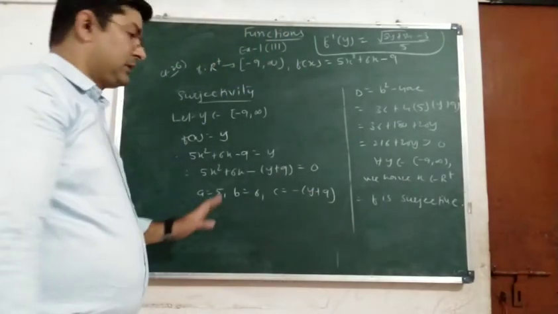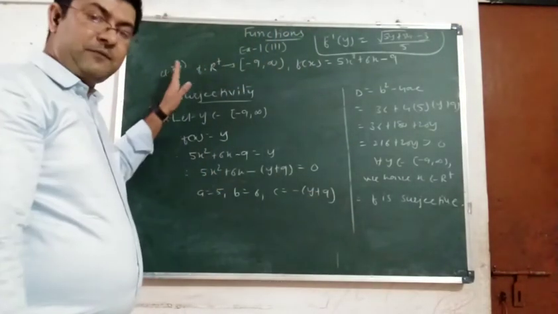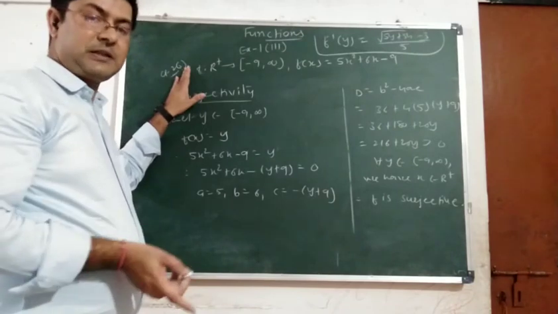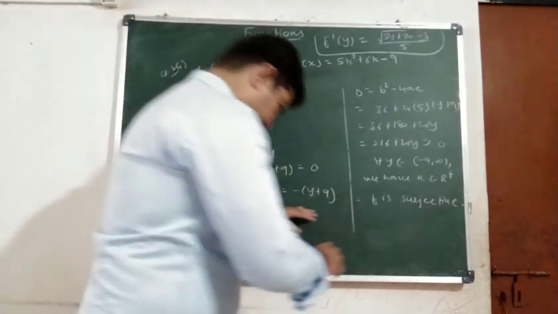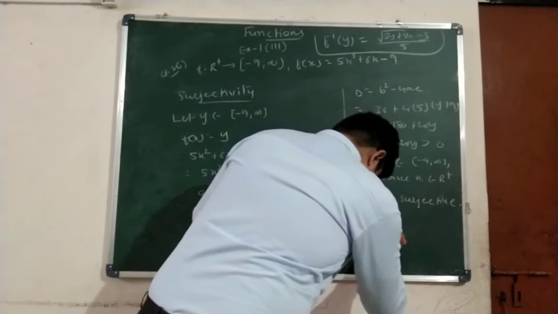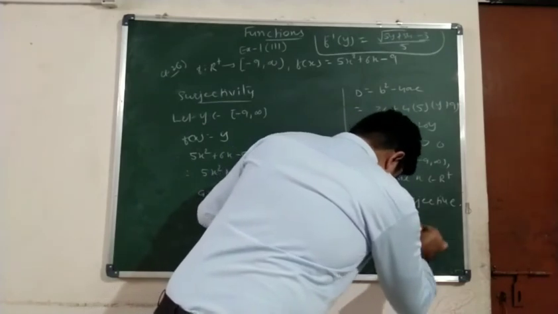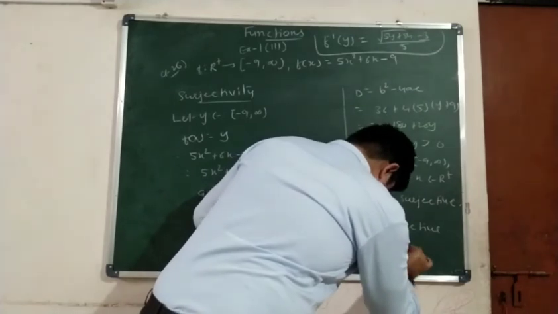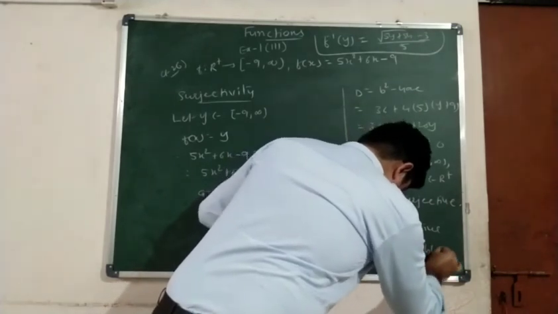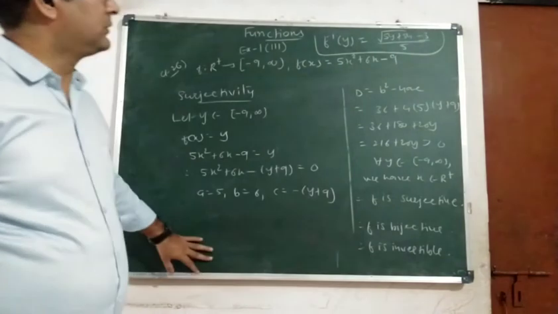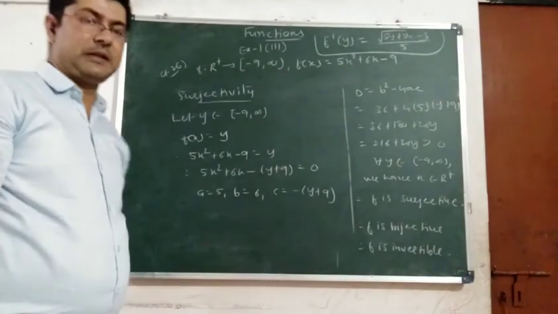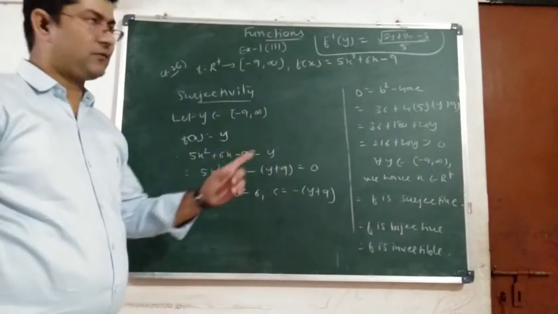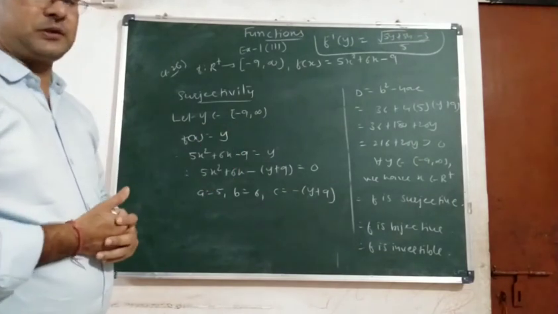Now since f is both injective and surjective, therefore it is bijective, and therefore f is invertible. Please note down. Then we will prove, the next step is to prove that f inverse y is equal to the given expression.